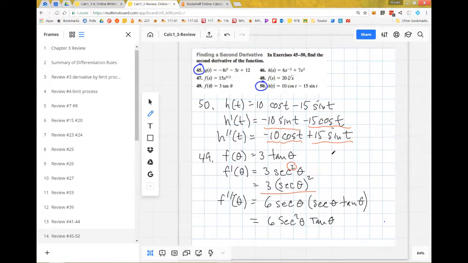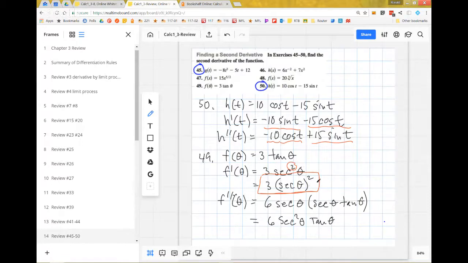You know that secant squared theta means secant theta quantity squared. That little shortcut can get you in trouble, because now if you want to do the second derivative, you need to think of it this way to really do the next derivative correctly.